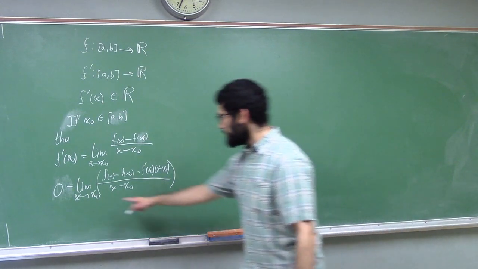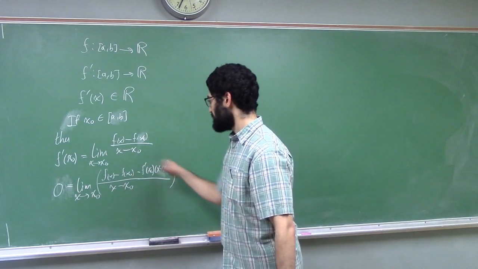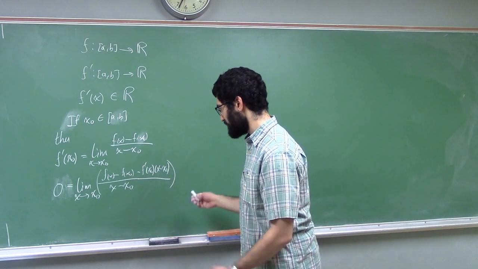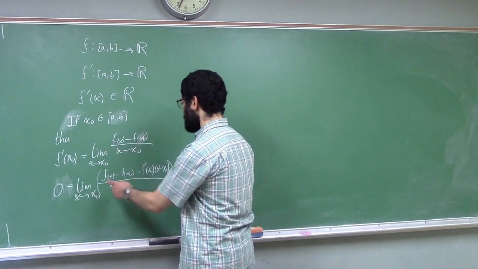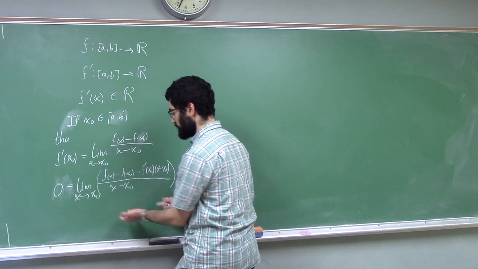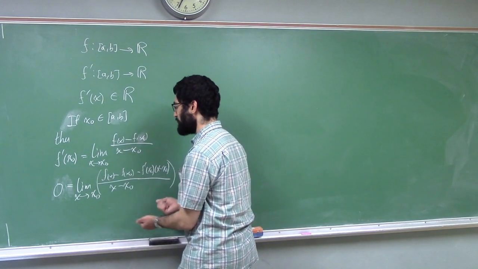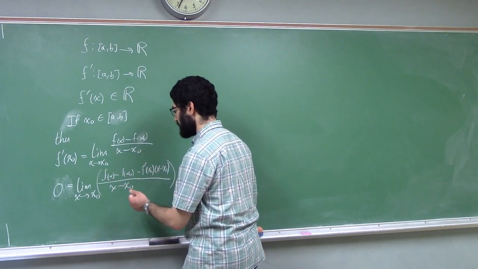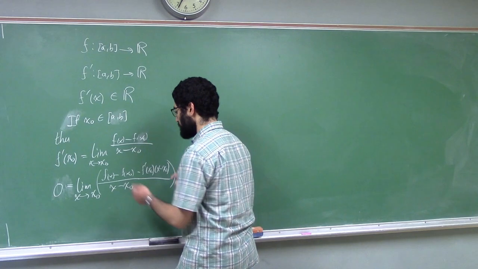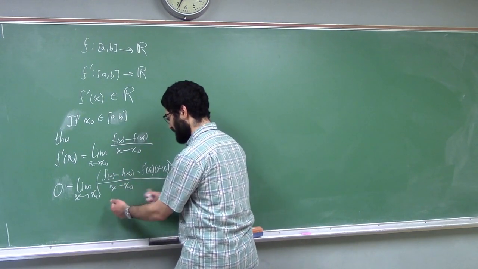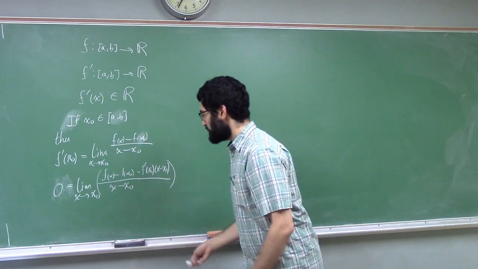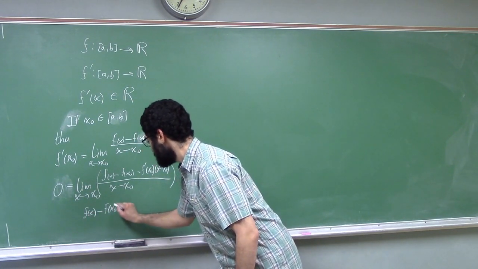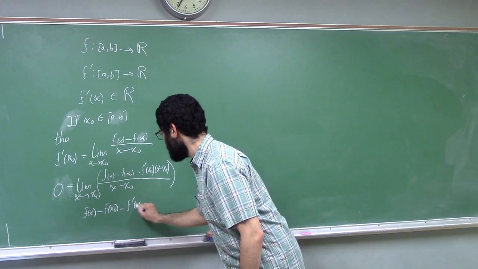And then I can think of this limit statement, that as x goes to x naught, this thing goes to 0, as telling me that this is a situation where the numerator and the denominator are both going to 0 as x goes to x naught. I can think of this as telling me the numerator is going to 0, not just going to 0, but going to 0 fast enough to beat this. So you might express that statement like this.